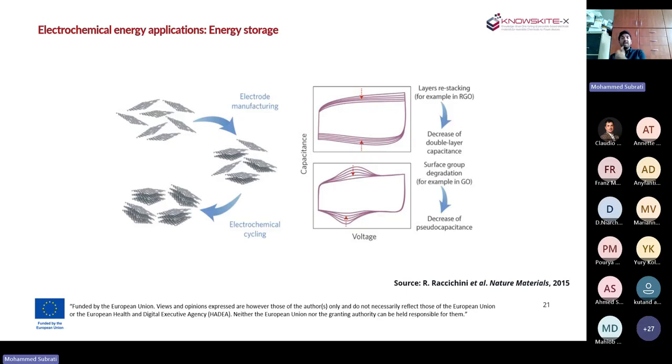And the other thing is that it is much richer in sp2. Because it has more sp2, the p orbitals tend to promote restacking along the crystallographic c-axis. So then you have a reduction in the double layer capacitance.